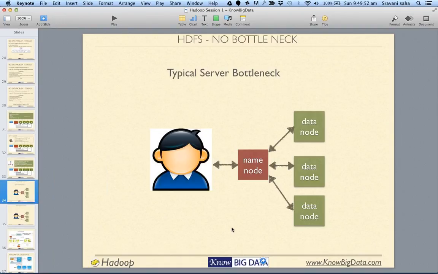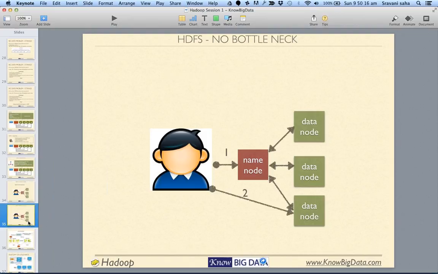Now, there is no bottleneck in HDFS, although in the standard server-client mechanism, this is how we generally cause the bottleneck. In general systems, you will imagine that there will be something called a name node and every traffic will be going through that. No. The actual architecture looks like this.